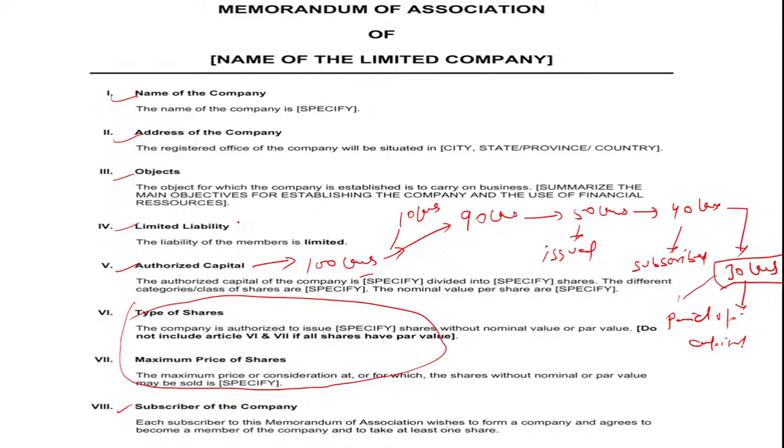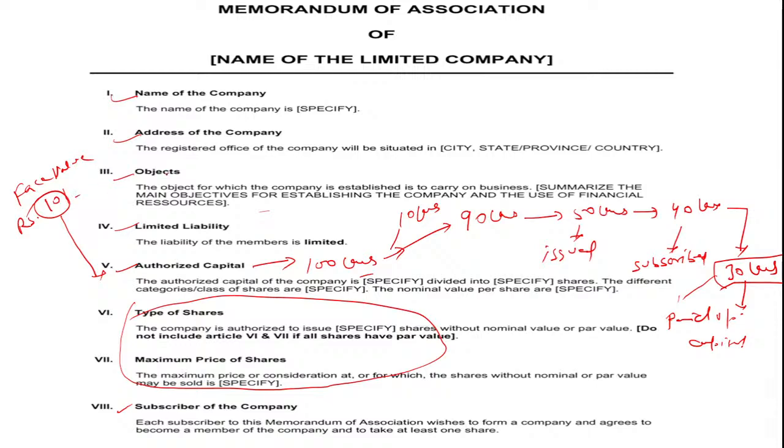Now, friends, in the memorandum of association, they also have to mention what will be the face value of the shares. The maximum face value can be different in the case of private limited and unlimited companies, but in the case of a limited company the maximum face value will be 10 rupees only. So most of the time you will see that 10 rupees is the face value.